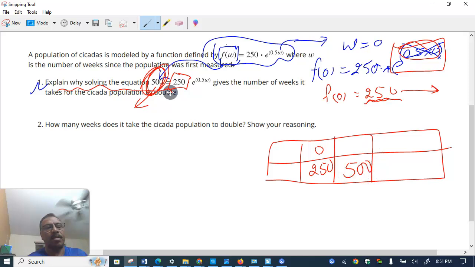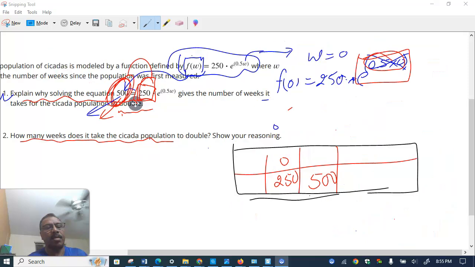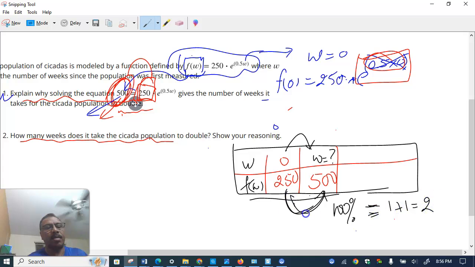So the question is asking: w is the number of weeks and f(w) is the population. We want to know when this is going to be double. How many weeks does it take for it to double? Double means a 100% increase, and 100% increase would be 1, that is 1 plus 1, that is 2. So we want to know the factor, this multiplies by 2, right?